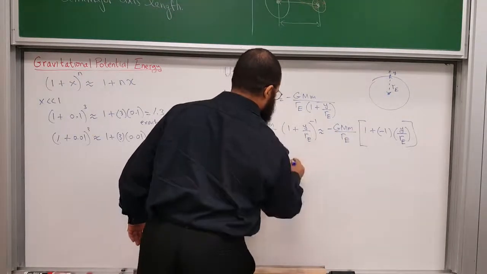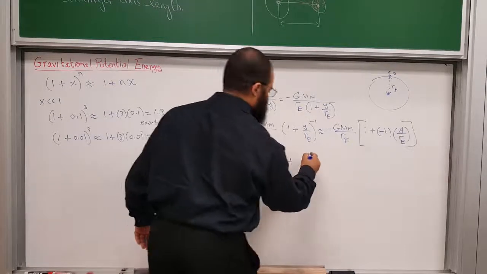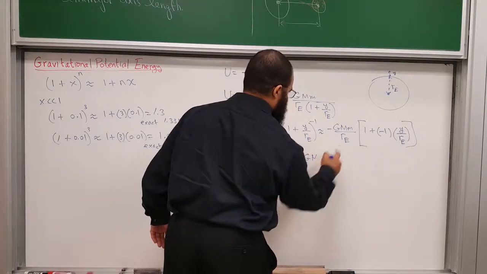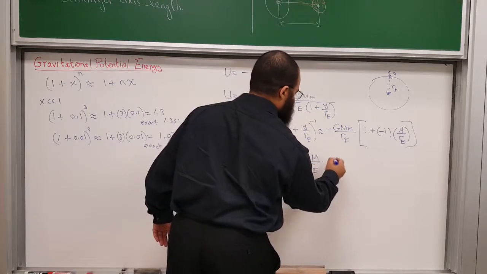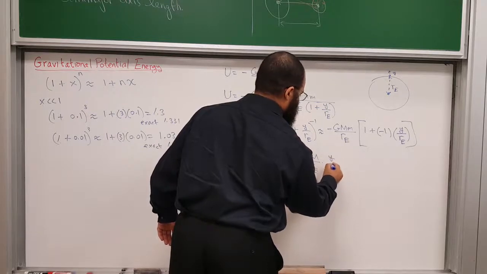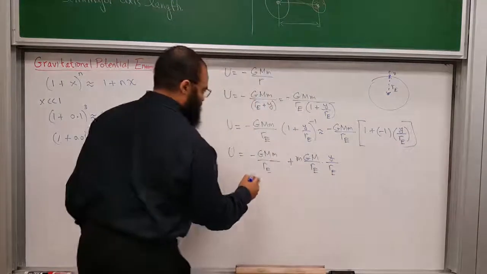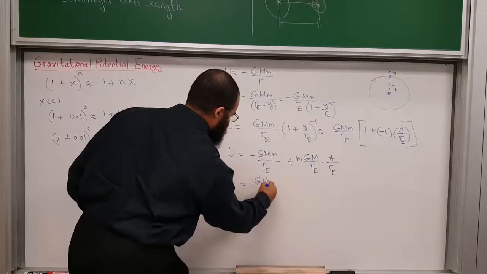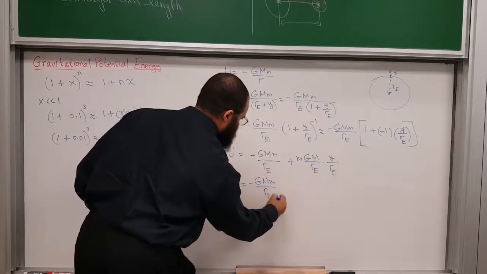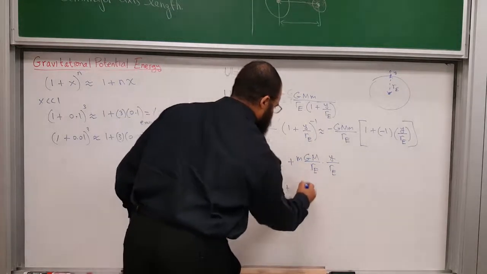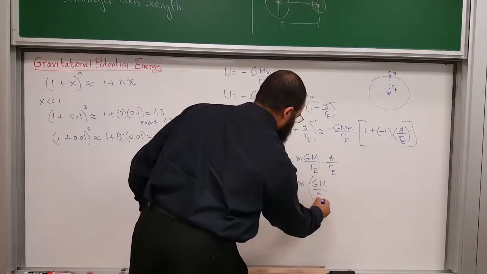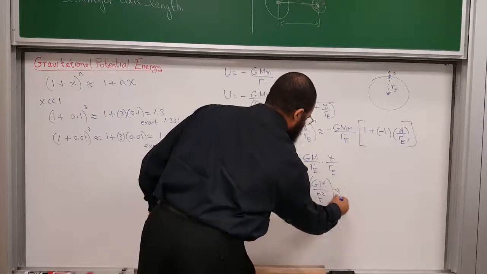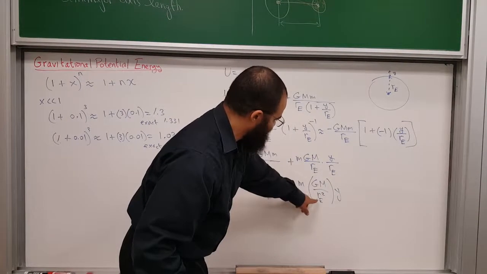And then minus times minus is plus, so I have G capital M little m, and then R Earth times Y over R Earth, and this becomes negative G capital M little m divided by R Earth, plus G M m over R Earth squared times Y.